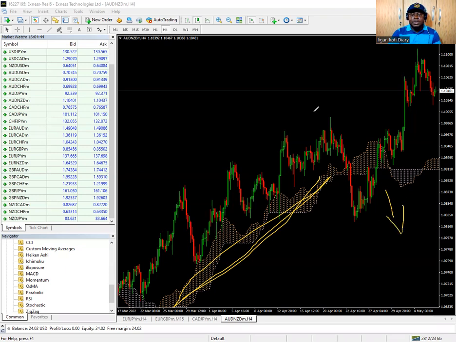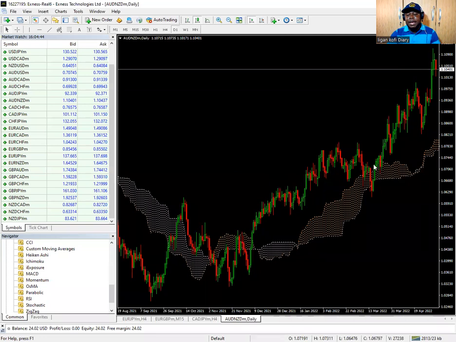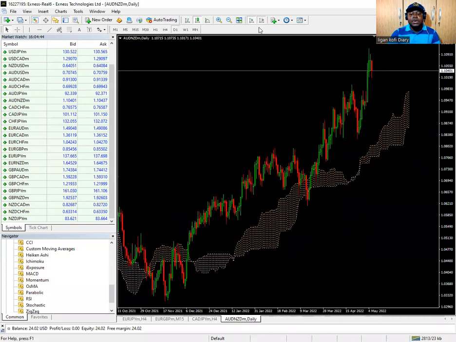So for instance, this is AUD NZD, okay? If I put it on the daily time frame, as you can see, AUD NZD has been on an uptrend on the daily time frame because the candles are all above the clouds. This is on the daily time frame.